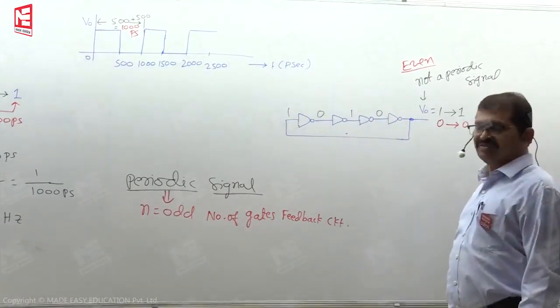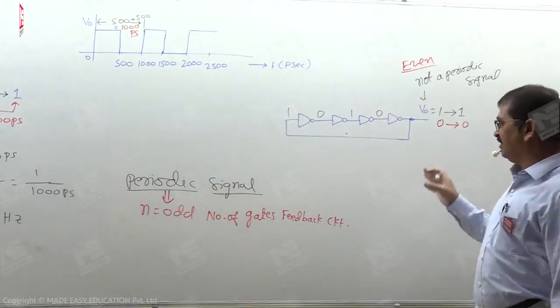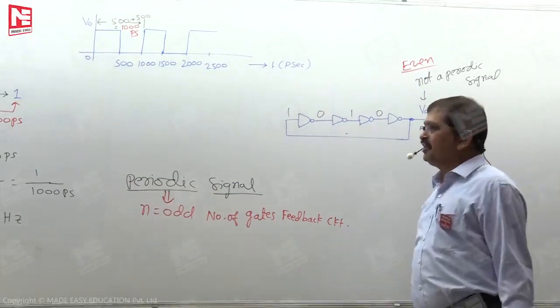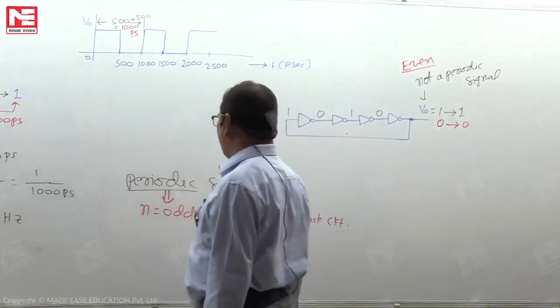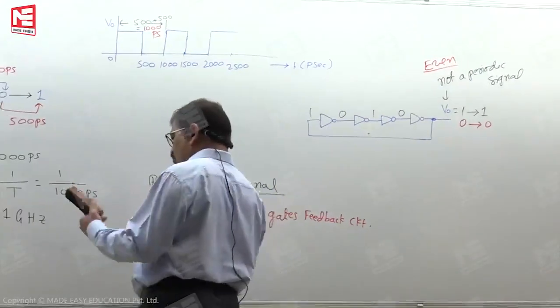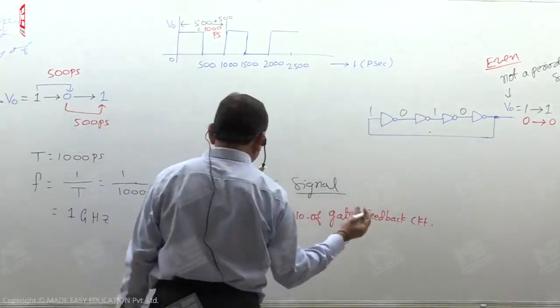So this is not generating a periodic signal, whereas this is generating a periodic signal, when I am having an odd number of gates in the feedback loop.